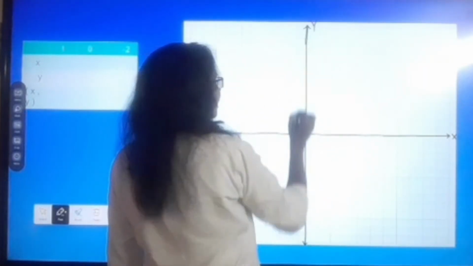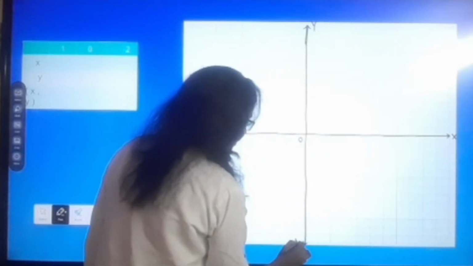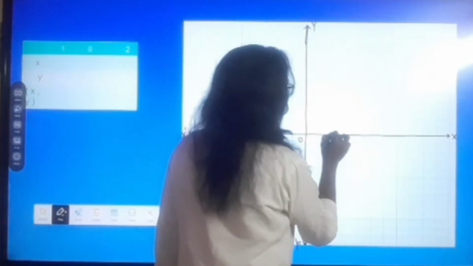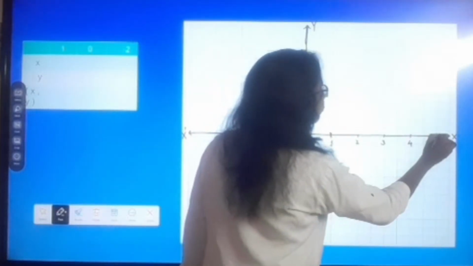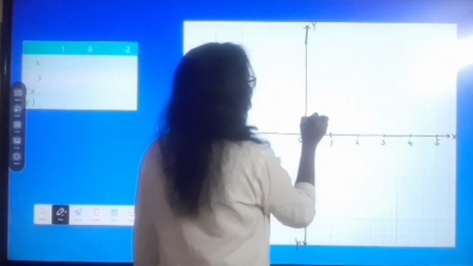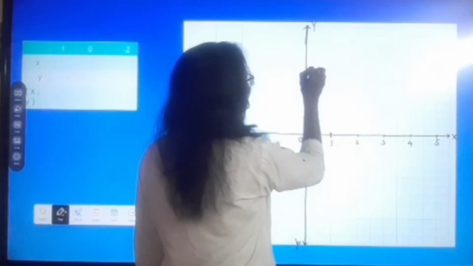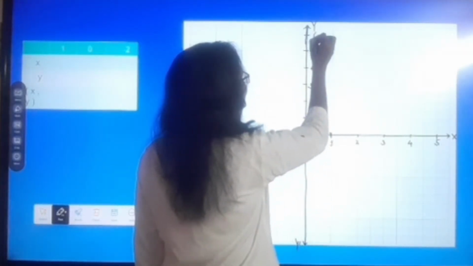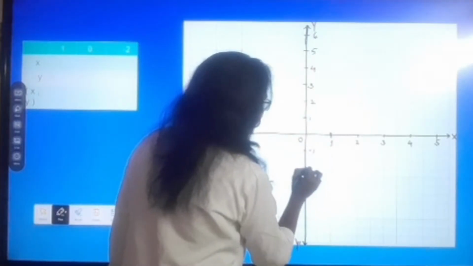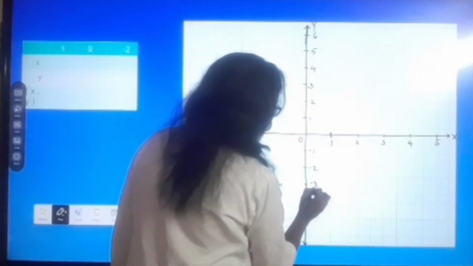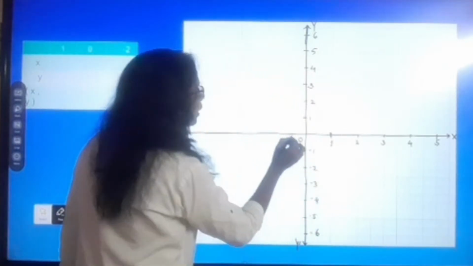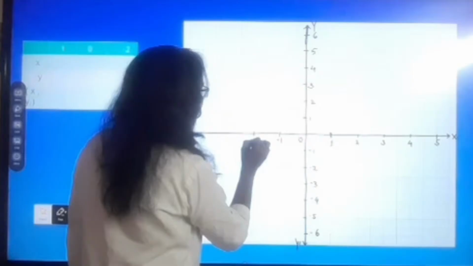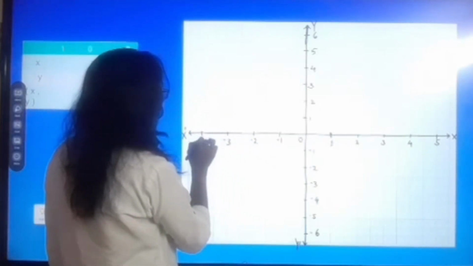This is YOY dash, and this one is XOX dash. Then 1, 2, 3, 4, 5. Here also 1, 2, 3, 4, 5, and 6. Here minus 1, minus 2, minus 3, minus 4, minus 5, and minus 6. Here minus 1, minus 2, minus 3, and minus 4.